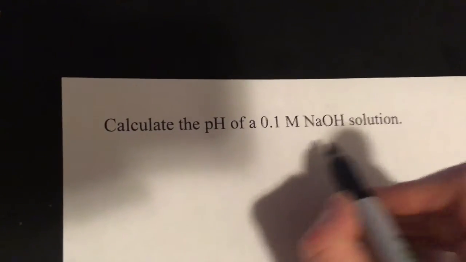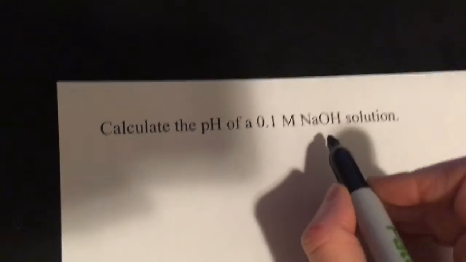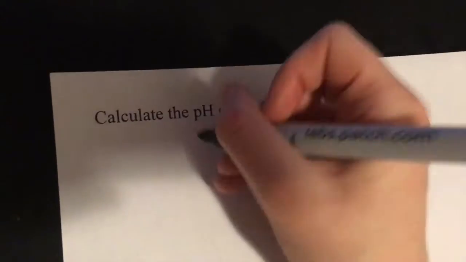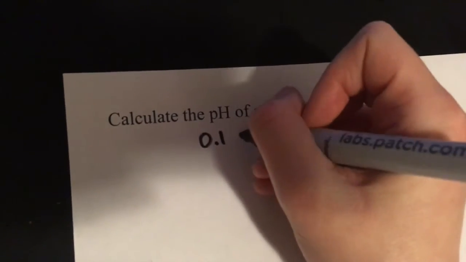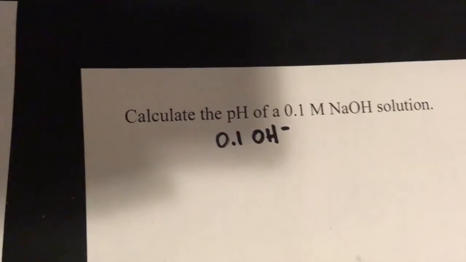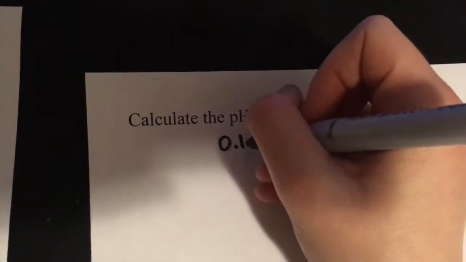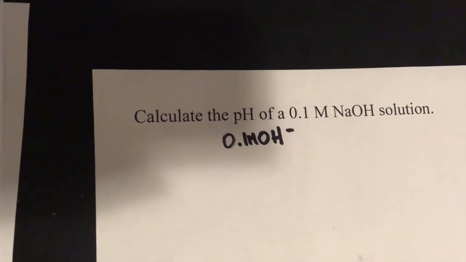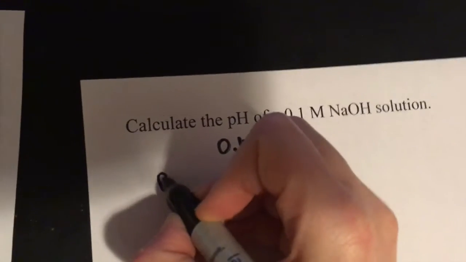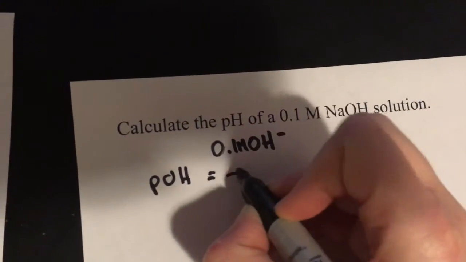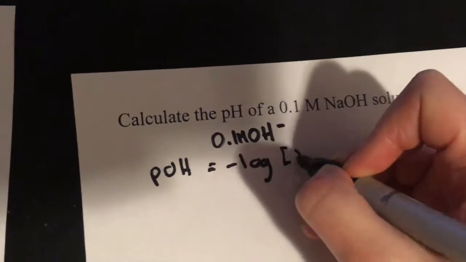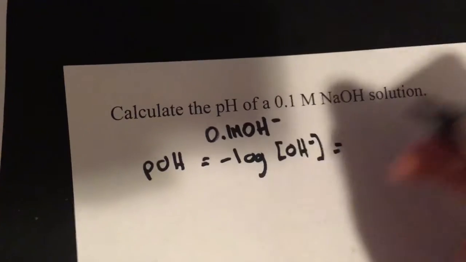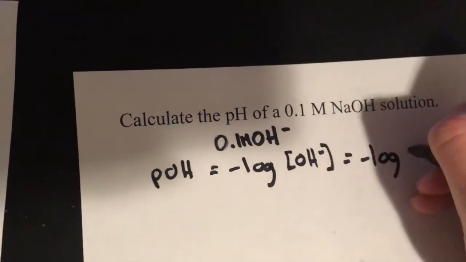Because I don't directly know the concentration of H+, but I do know how much OH- I have. A 0.1 molar sodium hydroxide solution would dissolve and form a 0.1 molar OH- solution, right? So I can calculate the pOH by doing negative log of the concentration of OH-, which in this problem is negative log 0.1.